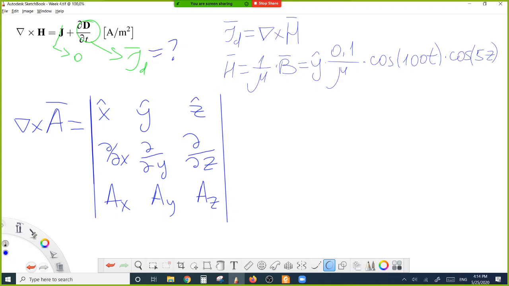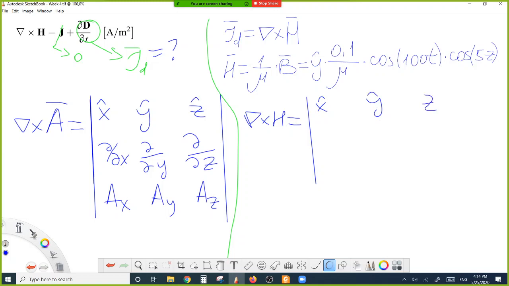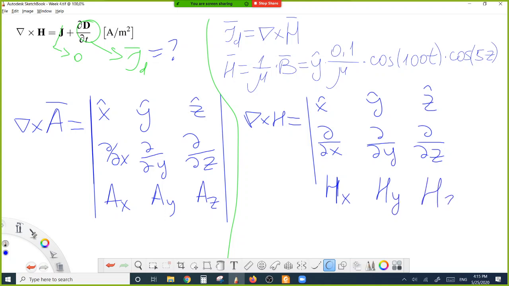If we apply this to our case, the rotor of H will be equal to the matrix with x, y, z; d/dx, d/dy, d/dz; the component of H along x, along y, along z.